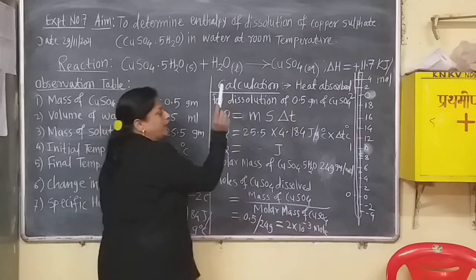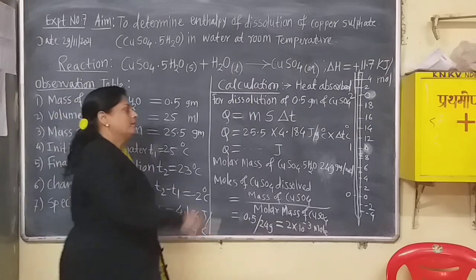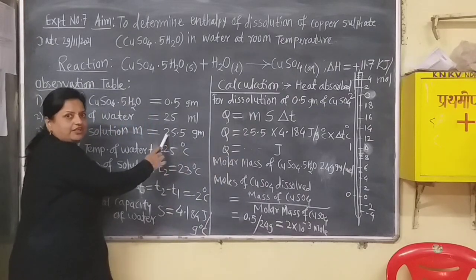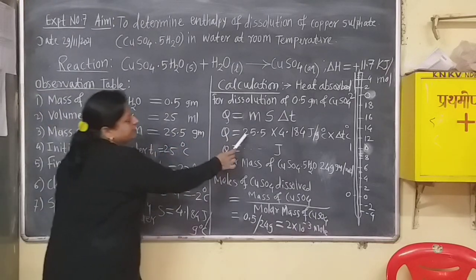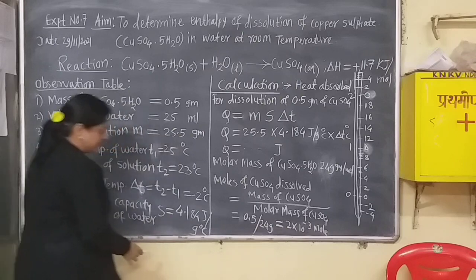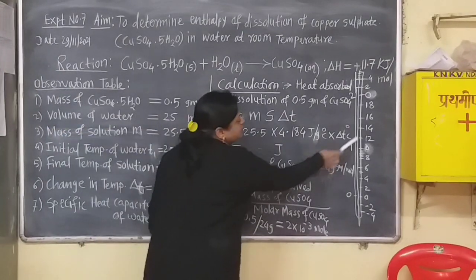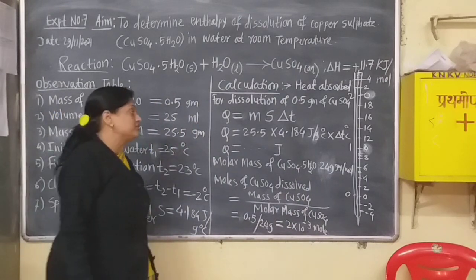Q is equal to M into S into delta T. Here mass we already taken as mass of the solution, 25.5. So that is the mass of the solution, 25.5, into heat capacity 4.184 joule, and into the change in temperature, that is minus 2.